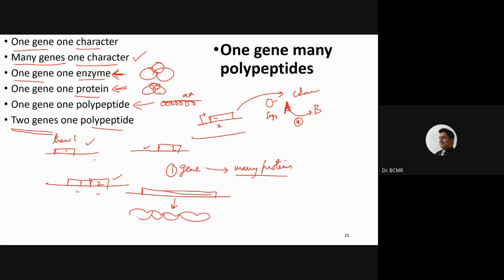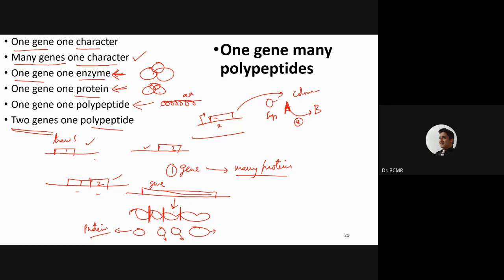Say I'm trying to draw it as a protein, and then there will be cleavage within themselves like this, and they will become smaller proteins, and each has a function. This is present in many viruses. So here, one gene is giving rise to many proteins.